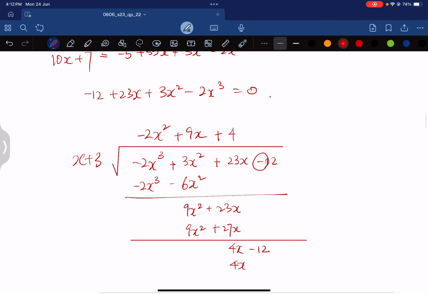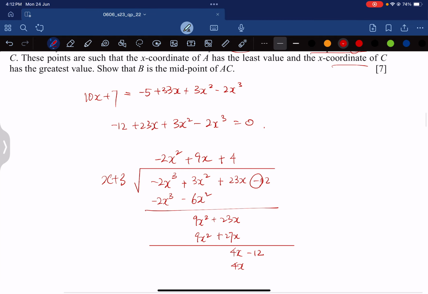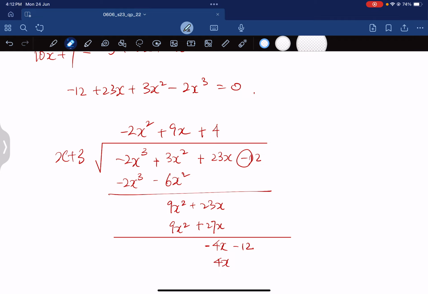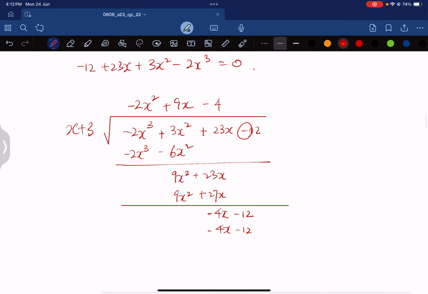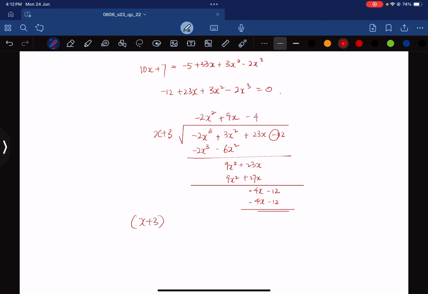X plus 3 is a factor. Then I should have a negative here. Yes, so it should be negative. Okay, this is 0, remain as 0, which means that we can write it as x plus 3 times negative 2x squared plus 9x minus 4 equals 0.